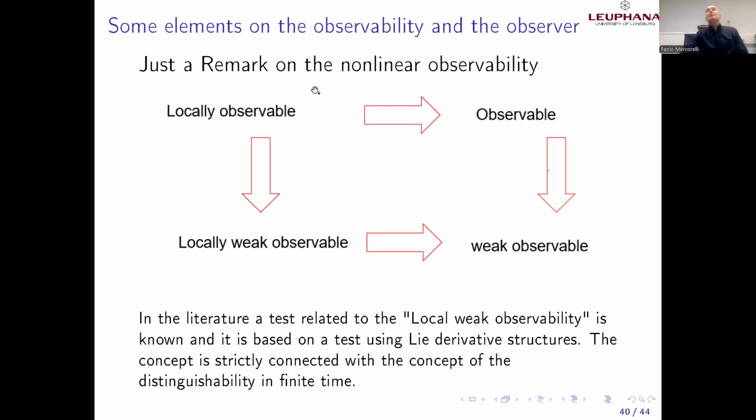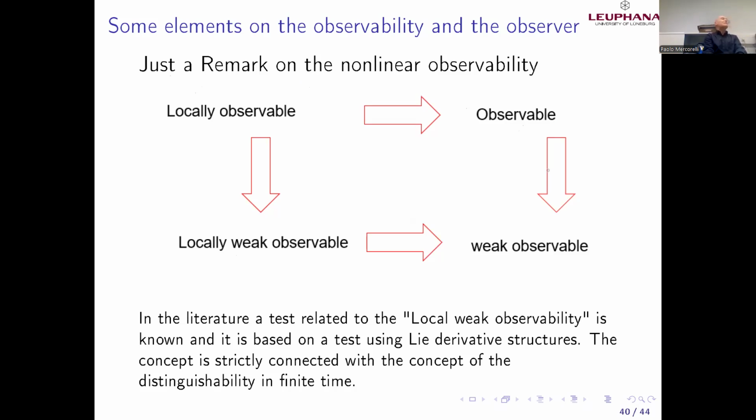This means that observability in the large is guaranteed if the system is observable in the local situation. Why does this also imply local weak observability? Because weak means, in the sense, that I need the input to observe the system in the locally weak observable case.